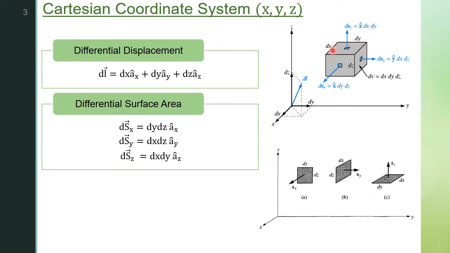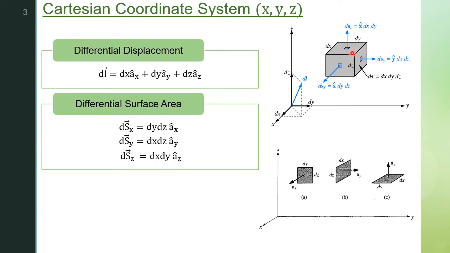The area of a rectangle is dx into dy, and the vector is in the z direction. So ds, the surface area along the z direction, is dx dy az cap.